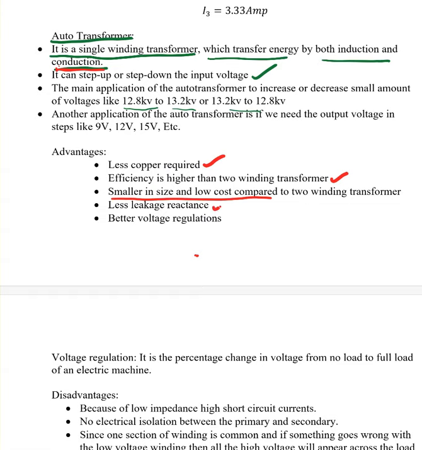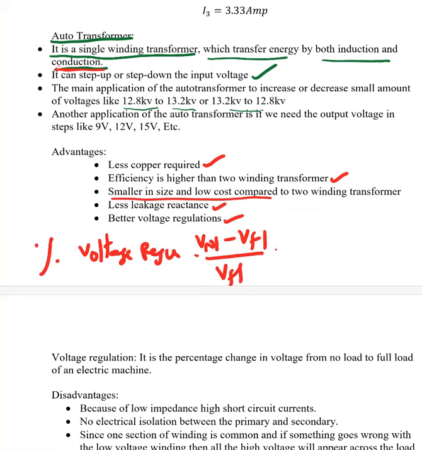Next one is less leakage reactance and better voltage regulation. Voltage regulation is nothing but V no load minus V full load over V full load. Usually this is in percent, so times 100. If the voltage regulation is 0, that's a good transformer, meaning no voltage drop.